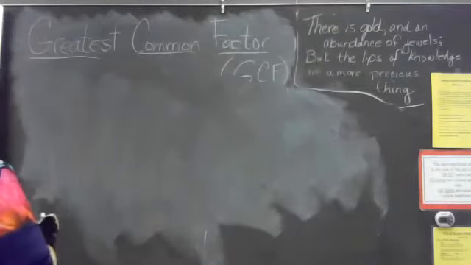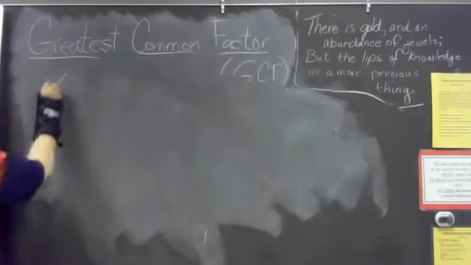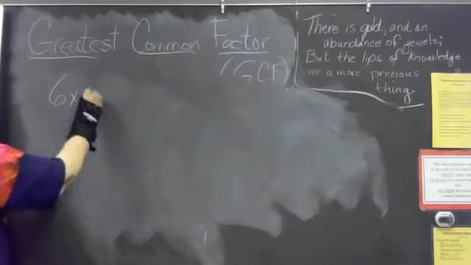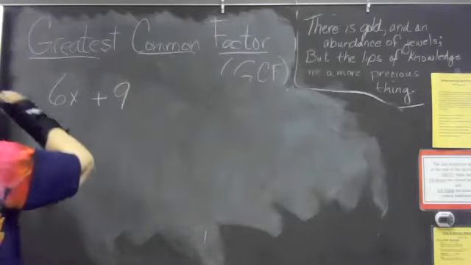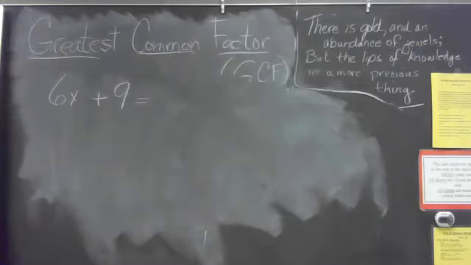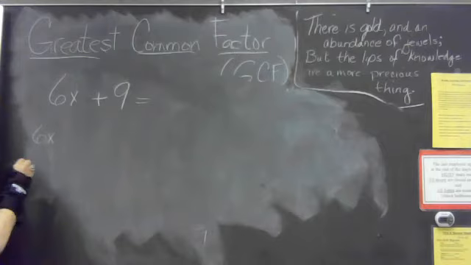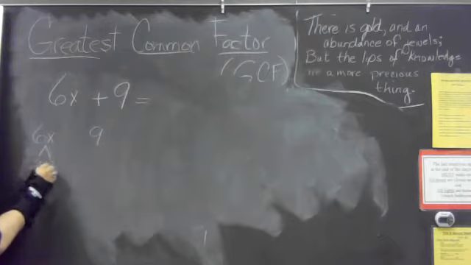So this says to factor this linear expression, 6x plus 9, and they want you to factor this. I'll show you what they mean, but first of all, we need to find the greatest common factor between 6x and 9. So I have 2 times 3 makes 6, and then I have an x.